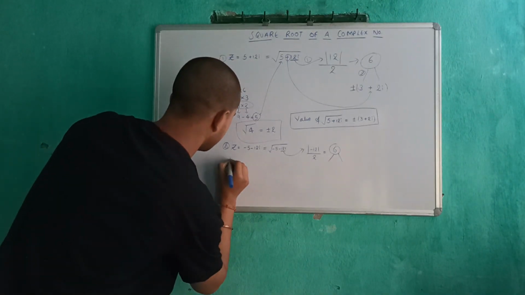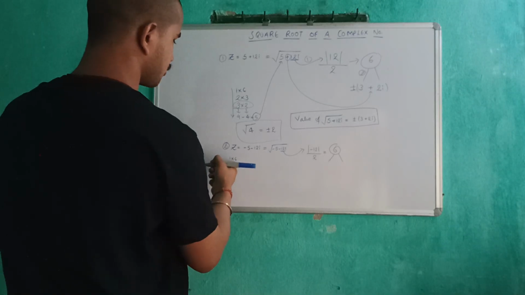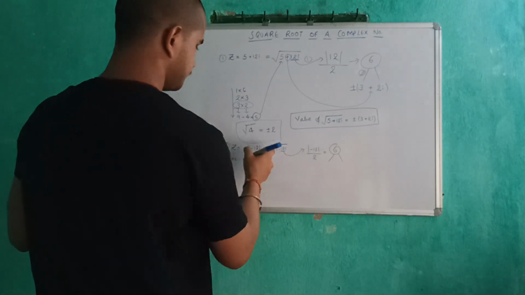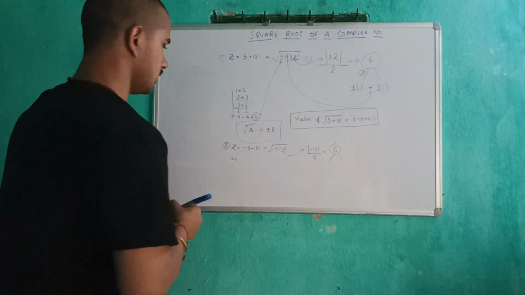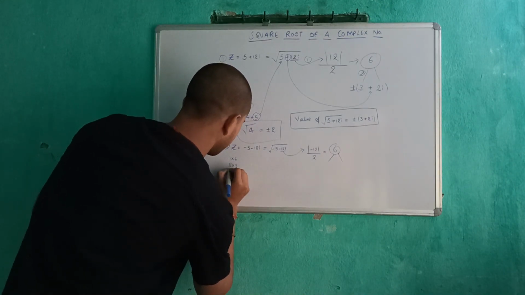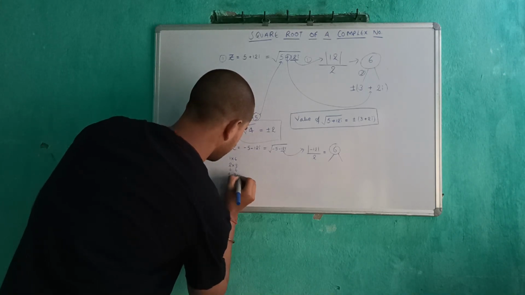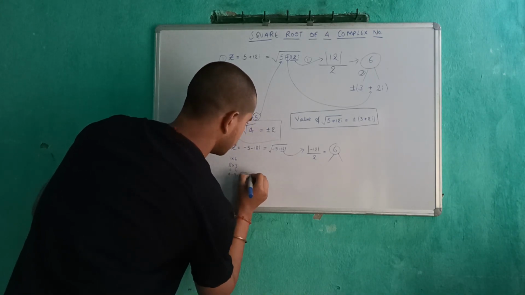The first one will be 1 into 6, but the difference between their squares will not give minus 5. So let's go for the next one, that is 2 into 3. So 2 into 3 gives a difference of 4 minus 9, which is minus 5. So this matches here.